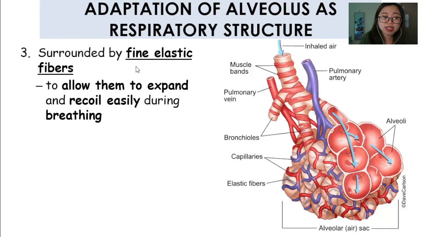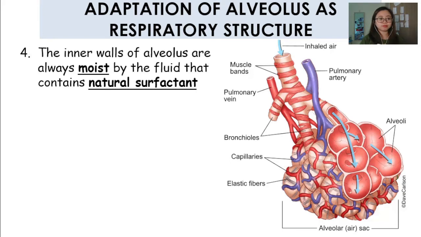It's because these elastic fibers bagaikan getah yang menjaga ketegangan ataupun jaga bentuk alveolus. It allows them to expand and recoil easily during breathing. Okay, so this allows the alveolus to expand and shrink, recoil easily during breathing. Dia mudah untuk mengembang dan mengecut sebab ada itu fine elastic fibers.